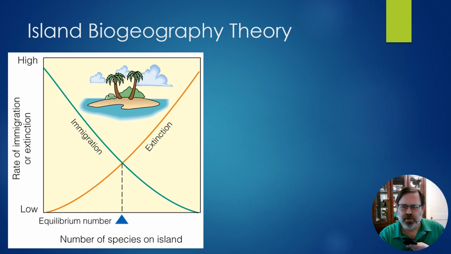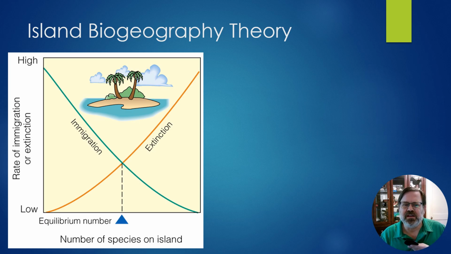As that number then increases, you slide from the left to the right, and the immigration rate is going to go down because the odds of a species making it there, a species might colonize that area, but it already was previously colonized by the same species.